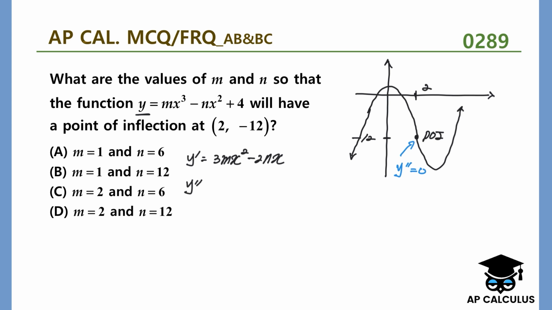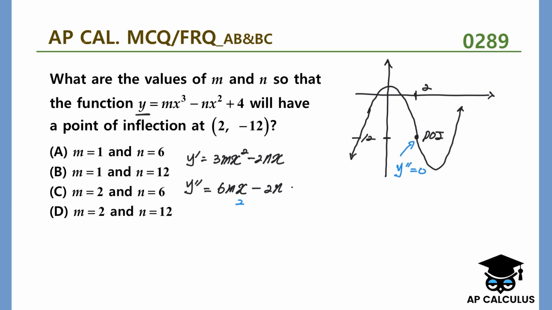The second derivative is 6mx minus 2n, right? So when x is equal to 2, we don't have to worry about y. When x is equal to 2, the second derivative must be equal to 0. At this point, the second derivative is equal to 0. So set that equal to 0.